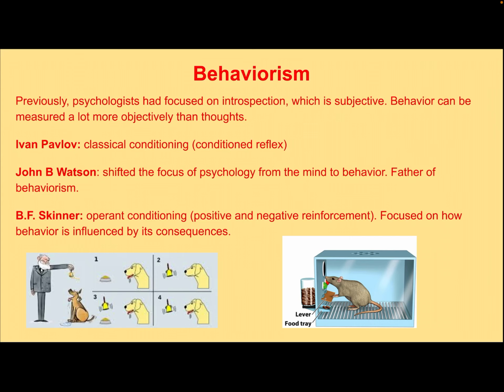And Pavlov and Skinner both discovered different types of conditioning, or not discovered, but made famous different types of conditioning. First, I'll talk about Ivan Pavlov. He worked with classical conditioning, or conditioned reflex, which is where he takes a natural reflex that already happens, such as a dog salivating over its food.